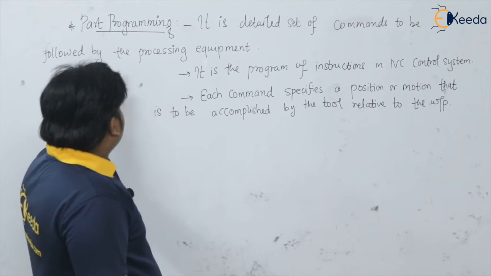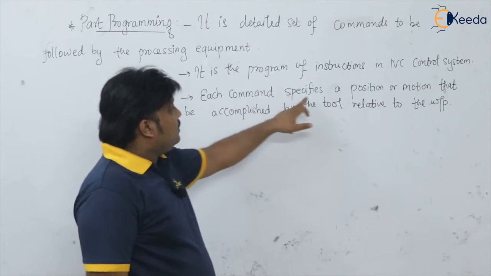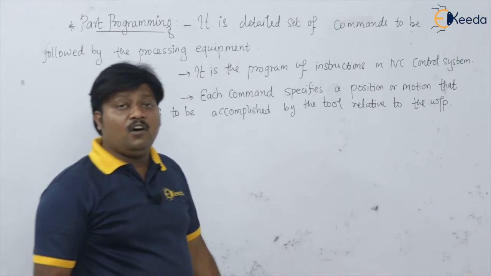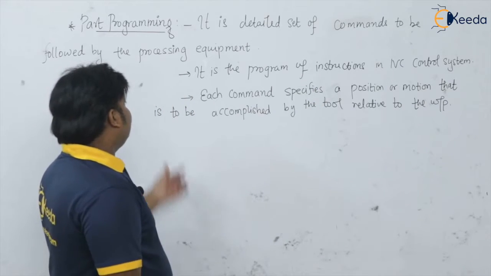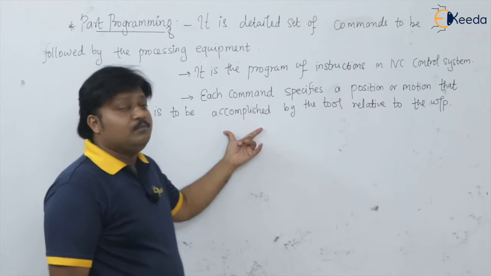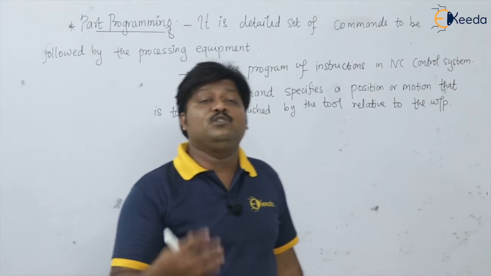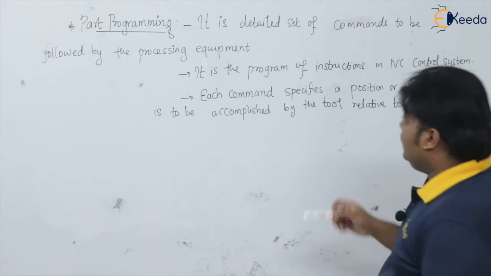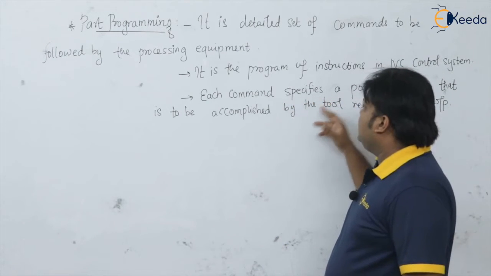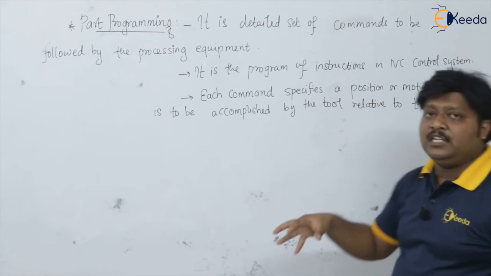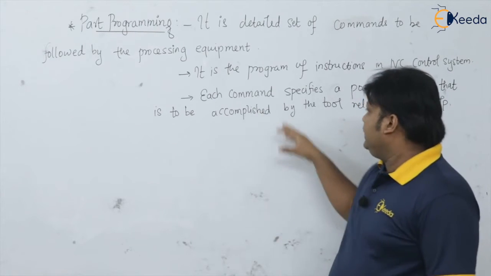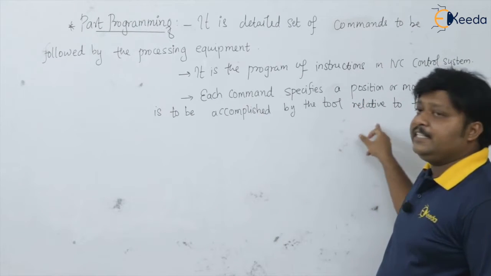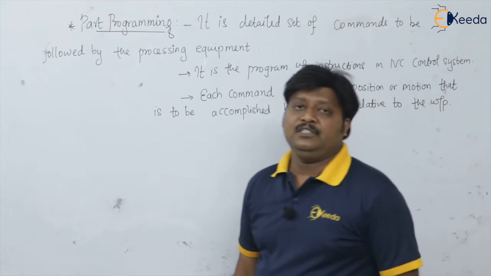Here each command specifies a position or motion that is to be accomplished by the tool relative to the workpiece. So every command is specifying the position or motion of the tool relative to the workpiece.